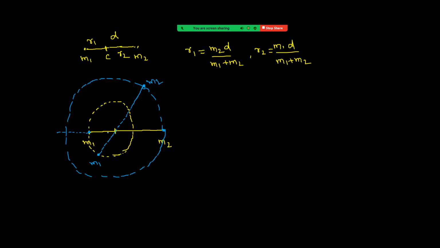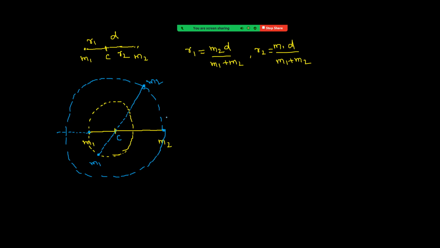So the separation between them is always the same. The three, m1, m2 and center of mass C, will always be on the same line. That means if m1 completes one revolution, m2 also completes one revolution. Even though they have different radii, the time period will be the same. Now that is what we have to calculate.